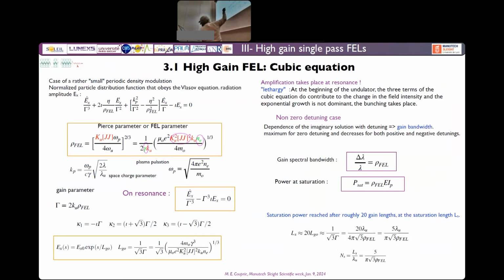At the start, we have the three solutions which are contributing, and we have a start which we call lethargy, where we need the exponential growth to become predominant. Then we can find that the gain bandwidth is given by the Pierce parameter, and the power at saturation is proportional to the beam power multiplied by the Pierce parameter. And saturation takes place typically after 20 gain lengths.